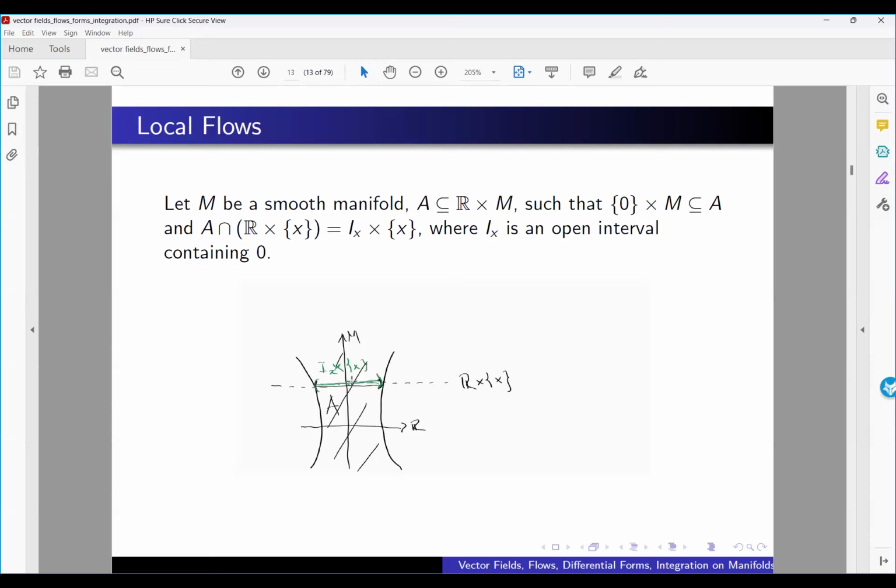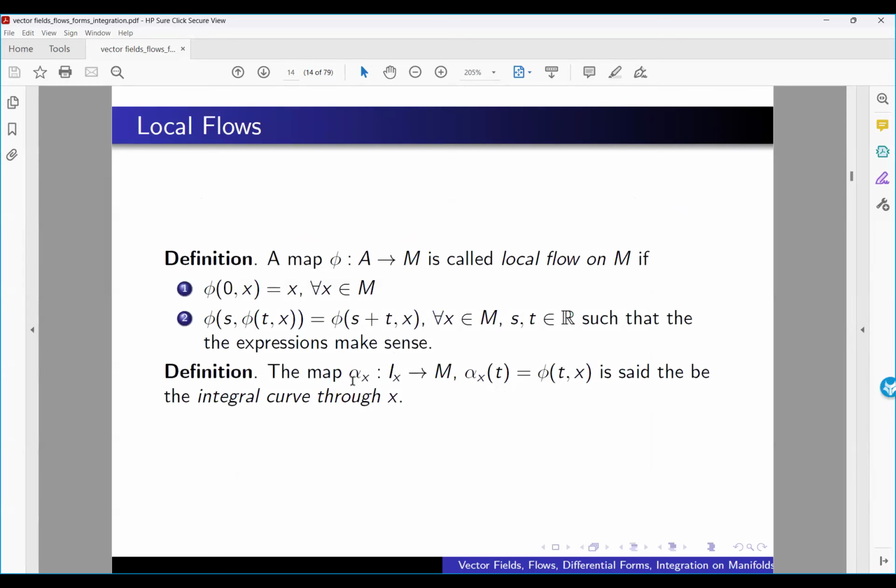Okay, so all right, let's see. A map is called a local flow on a manifold if these conditions hold. And now let me write it on a white paper.